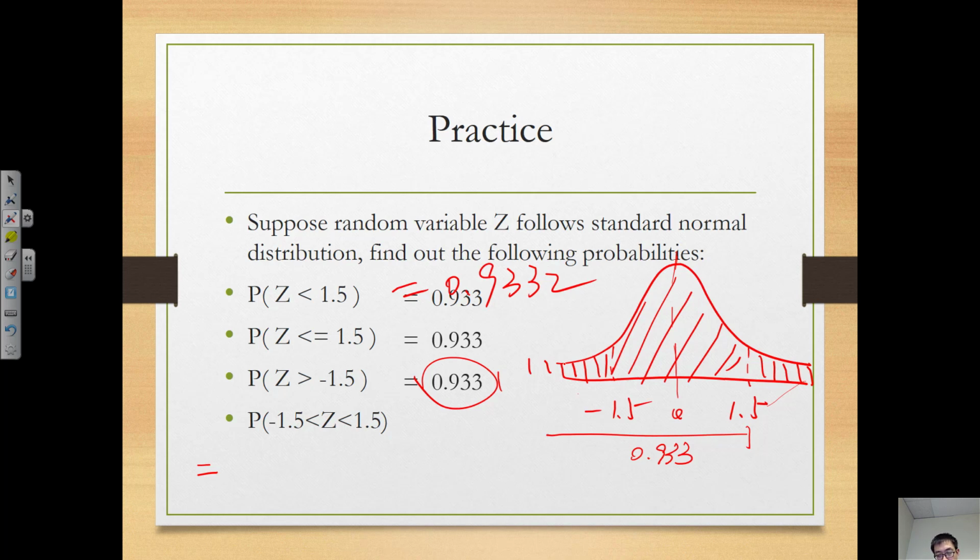So if you want to write down an explicit mathematical expression, you do 1 minus 2 times the shaded area. The shaded area is 1 minus the probability that z is smaller than 1.5, right? So it's 1 minus 2 times 1 minus 0.933.